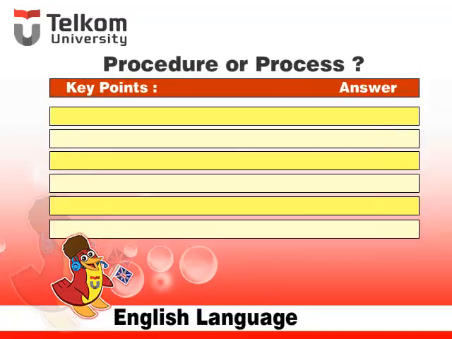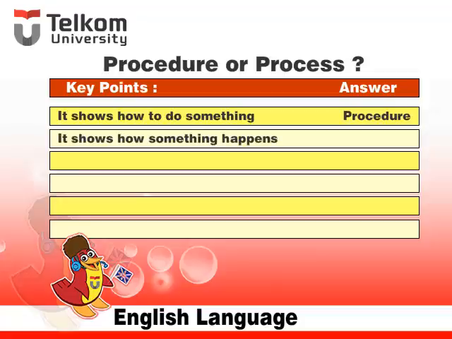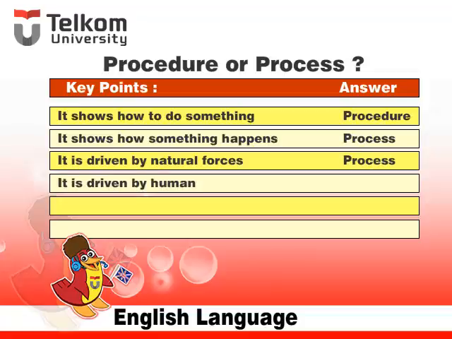Now, pay attention to the following purposes of text. It shows how to do something is a procedure. It shows how something happens is a process. It is driven by natural forces is a process. It is driven by humans is a procedure.